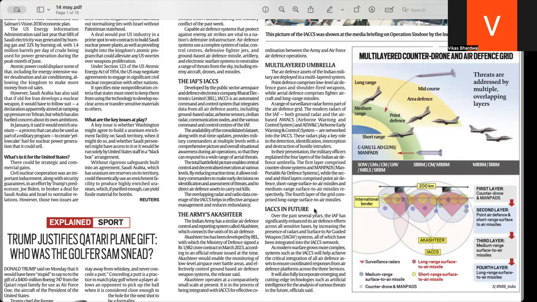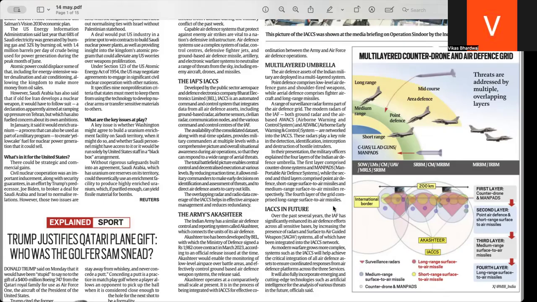The modern radars of the IAF, both ground radar and the air-based Airborne Warning and Control System and Airborne Early Warning and Control System, are networked into this. They play a key role because they can detect, identify and intercept. So it is a layered process; that is what you have to understand.